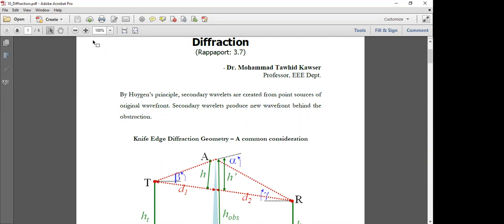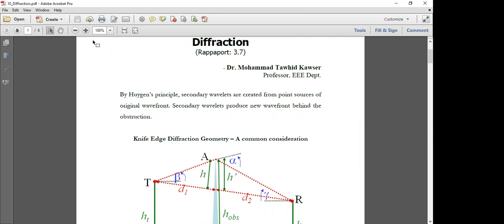These are called wavelets because these are small waves, and they travel in different directions. So many different small waves are created, as if you have new sources of waves.